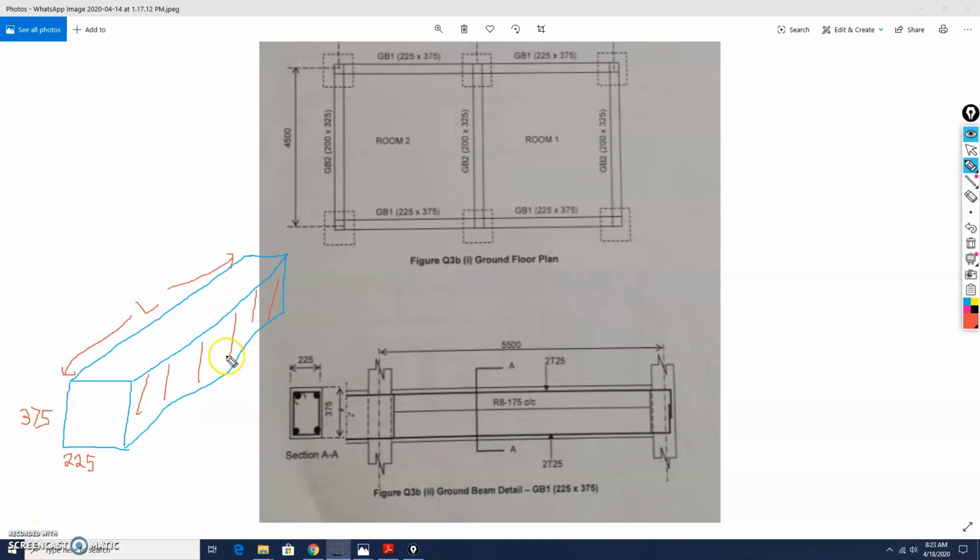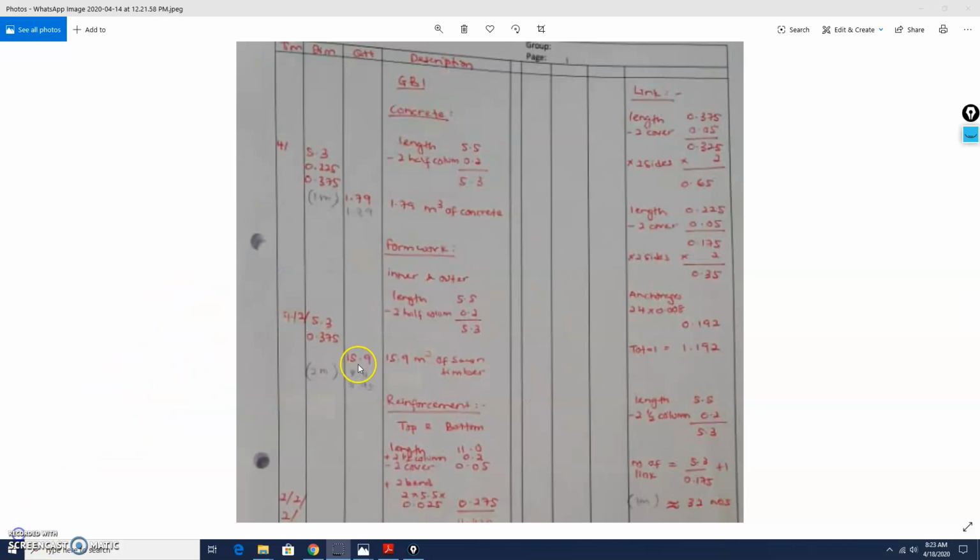Let's say this is inner, so you will have outer at the other side of this beam. To get the quantity here, we just multiply the timesing 4, multiply with 2, multiply with the length 5.3 and multiply with the depth 0.375, and we will get 15.9 meters squared of sawn timber.